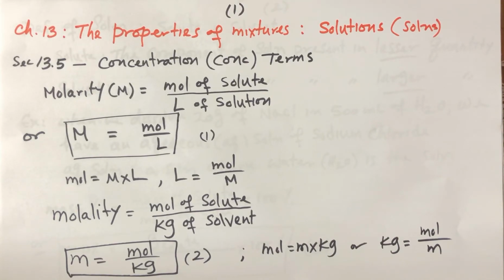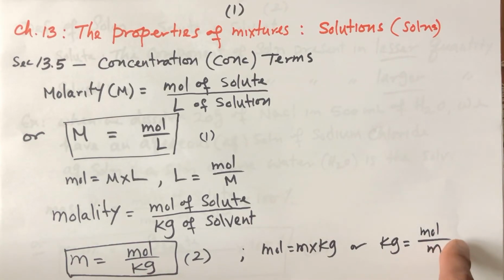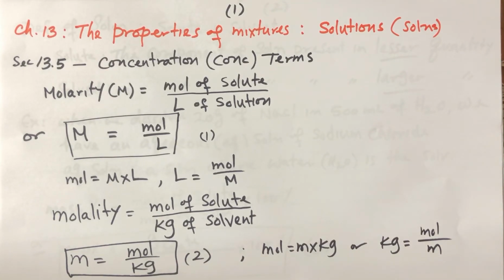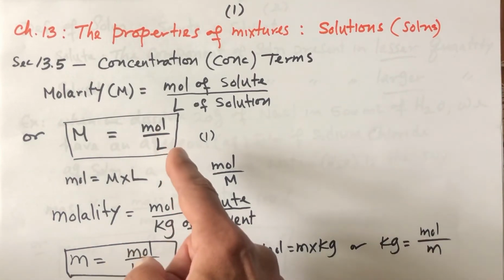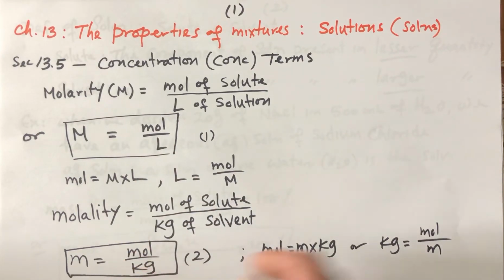Again, the moles can be calculated by multiplying molality and kilogram, and kilogram can be calculated by dividing moles by the molality of the solution. Again, this equation also needs to be memorized. These are the two master equations: how to calculate molarity and molality.